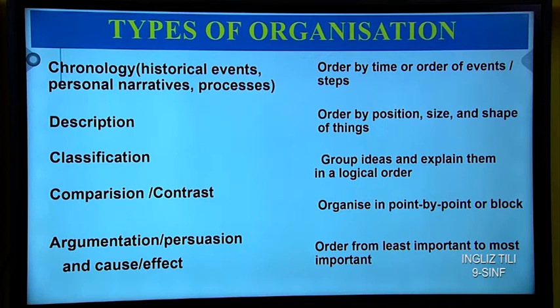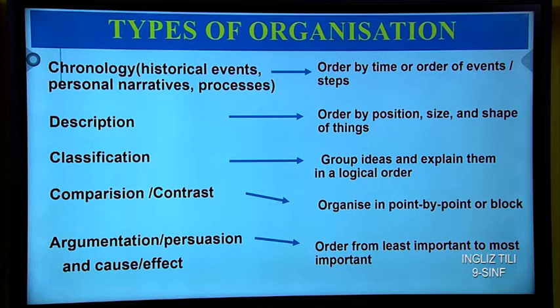Good. Type of organization. Chronology. What does it mean? You should pay attention. Chronology, it means order by time or order of event steps. Next one, description, order by position, size and shape of things.